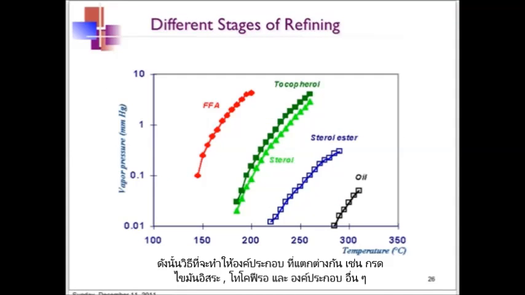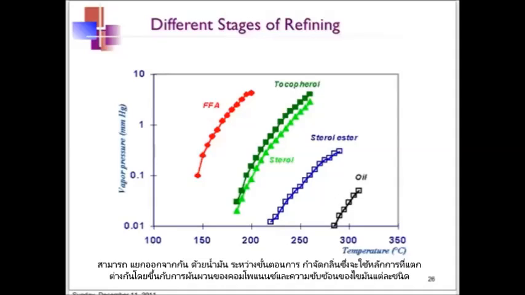So how can these different components, such as free fatty acid, tocopherol, and others, be separated from the oil during the deodorization process? The principle is based on the different degrees of volatility of the components when compared to oil. We can see here a plot of vapor pressure against different temperatures.